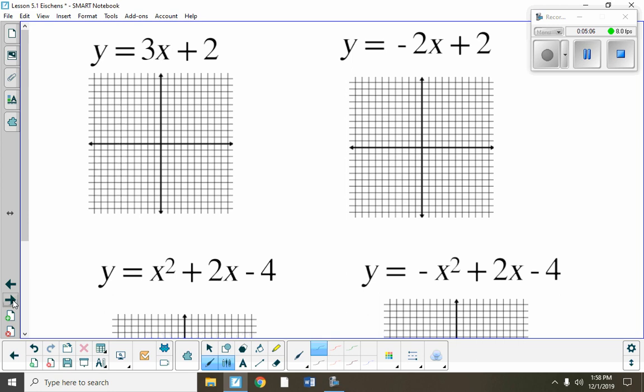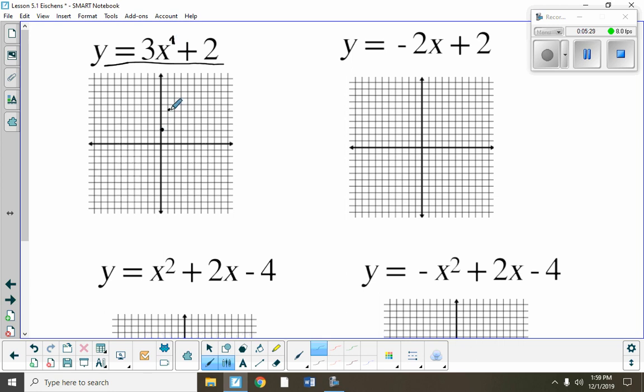All right, now we are going to explore end behavior with polynomials because they all follow a similar pattern depending on what the degree is and the leading coefficient. So let's just look at this equation. This is a linear function right here. The exponent is 1. And if we were to graph it, the y-intercept is 2.